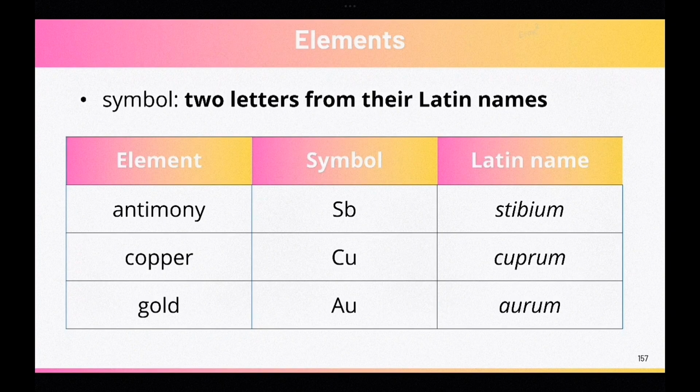For copper, the symbol is Cu, from the Latin name cuprum. For gold, the symbol is Au, and the Latin name is aurum.